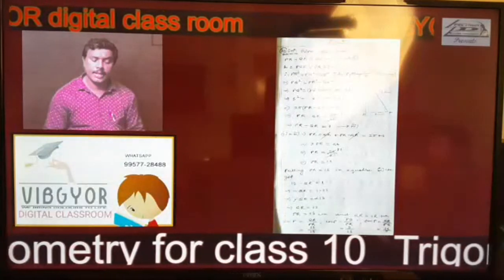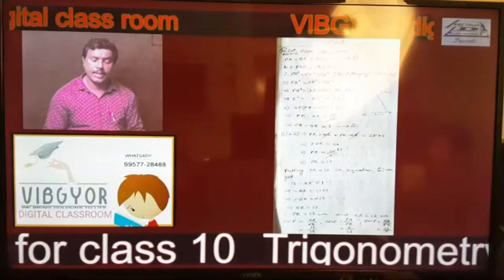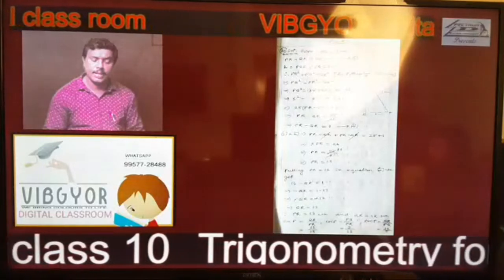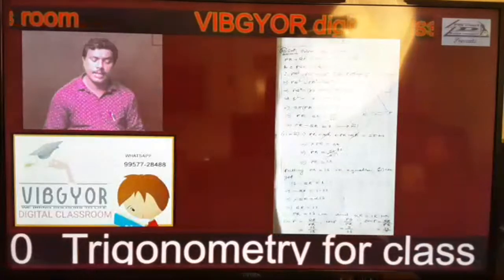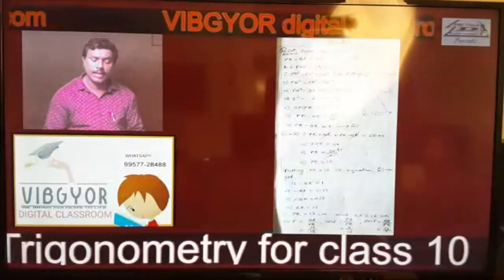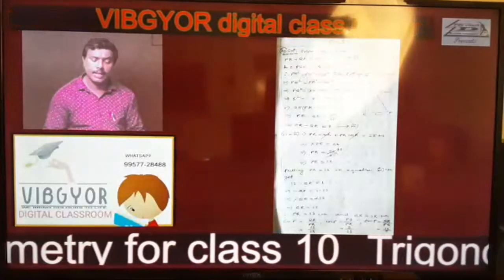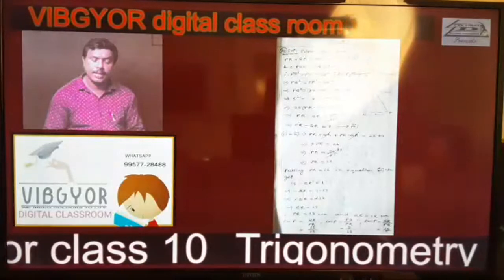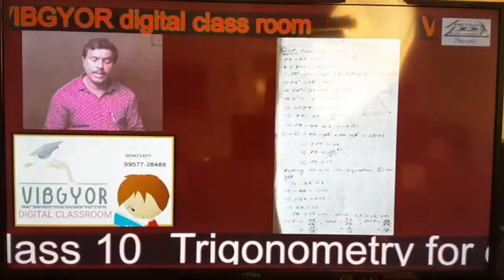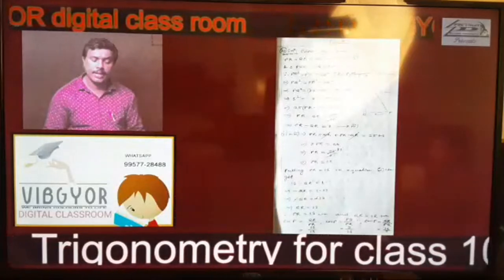So with the help of that identity, we can write PR plus QR whole into PR minus QR. Then the value of PQ is given as 5. So we are writing here 5 square in place of PQ square. And the value of PR plus QR is already given as 25. So that is replaced by this value. And 25 whole into PR minus QR.